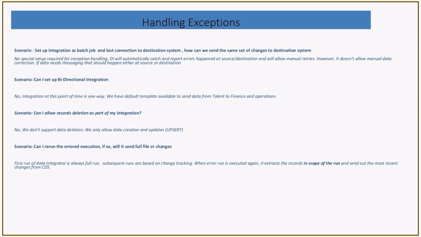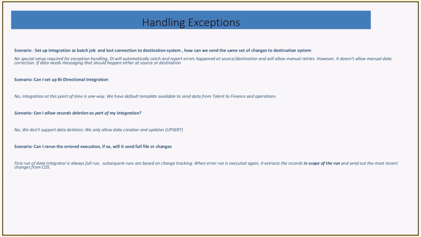Before answering that question, what usually happens if you have already scheduled your integrations and you are deploying any code changes to finance and operation or taking any servicing window, finance and operation will be down during that period. I would encourage you to unschedule all your integrations, just put them back to manual scheduling. And once the finance and operation environment is back online, I would go and reschedule.